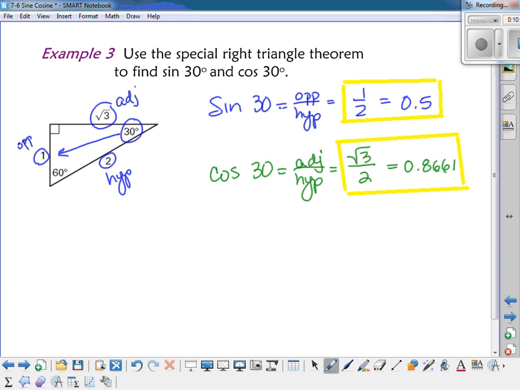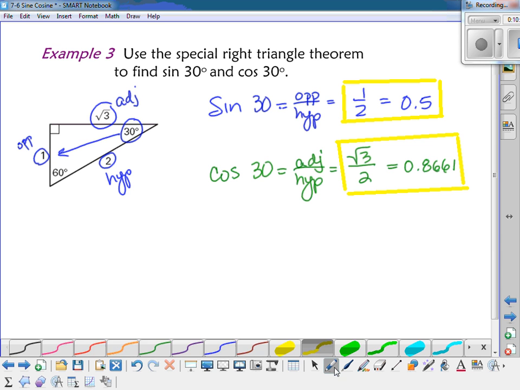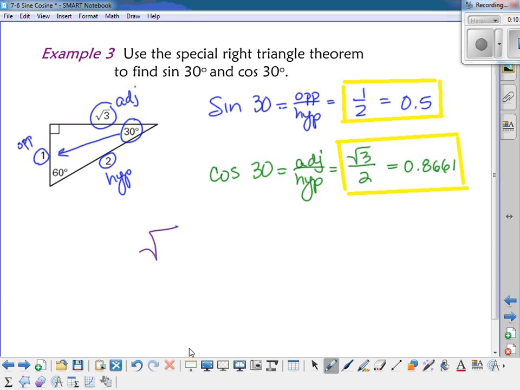Now make sure you're careful with your calculators, especially if you have a two-line calculator. You're going to want to close the parentheses on the 3 or else move the arrow over so that the 2 isn't under the radical.